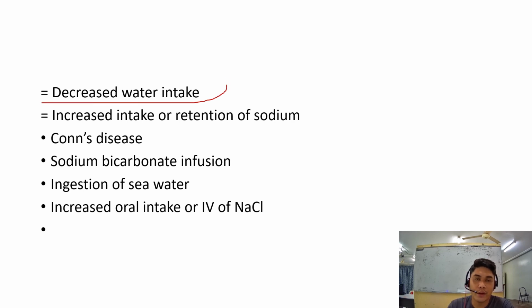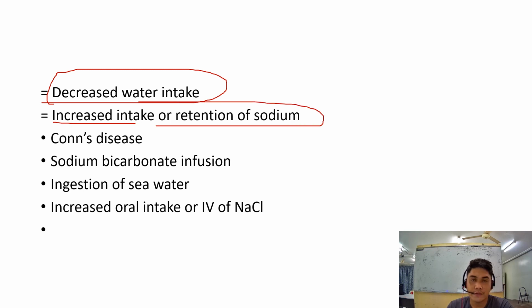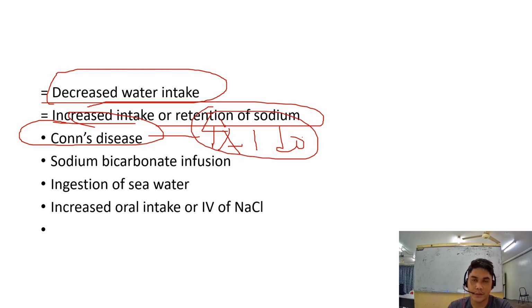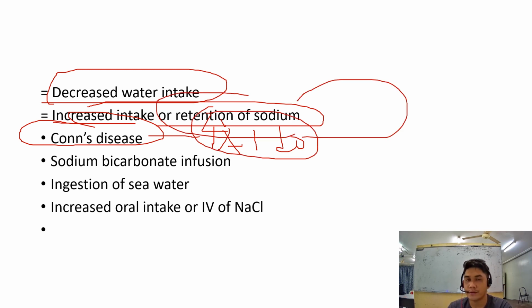Next, decreased water intake and increased intake or retention of sodium. For example, in Cushing's disease, there is increased aldosterone concentration, hyperaldosteronism, so there is increased retention of sodium. Sodium bicarbonate infusion: sodium bicarbonate is usually used for hyperacidity.